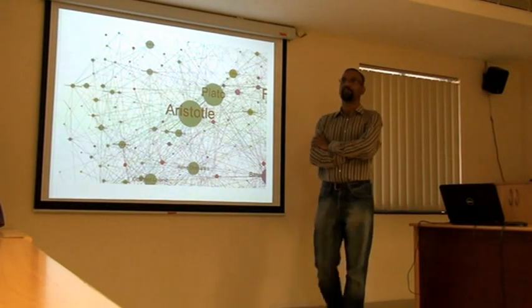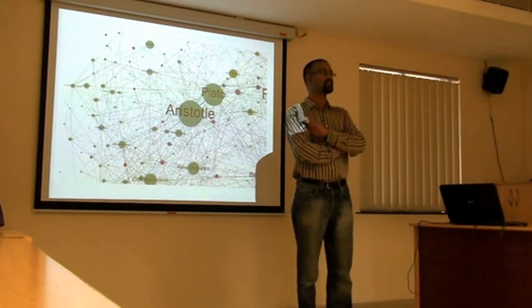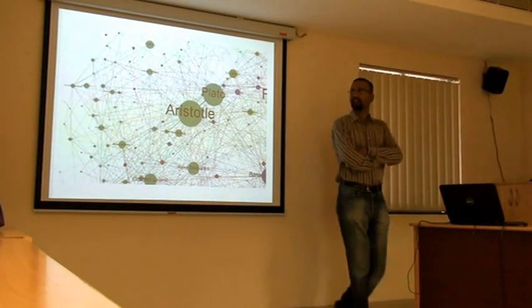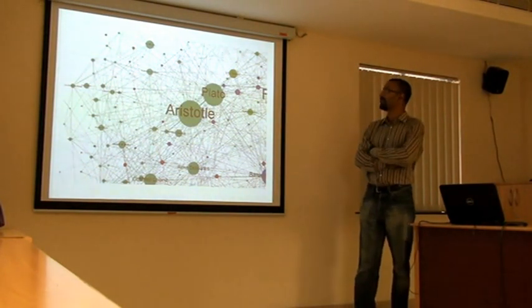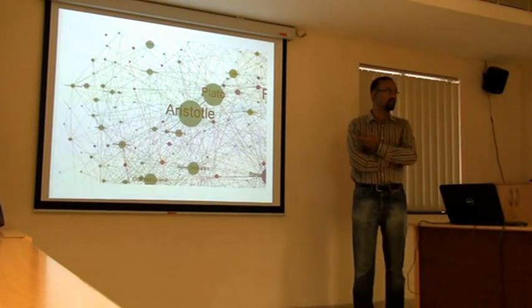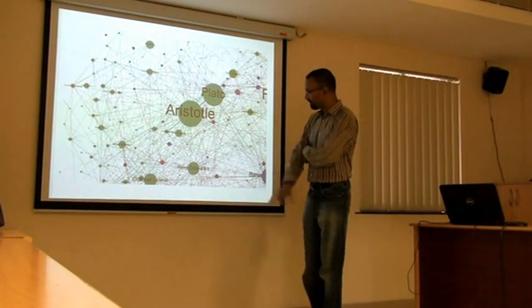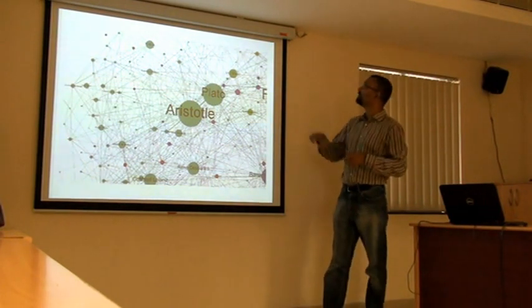So if the page of philosopher A cites philosopher B, then you have a link. Now you can see who the big numbers are here. Aristotle is obviously the biggest. Plato is slightly smaller, followed by people like Descartes, Leibniz, right?